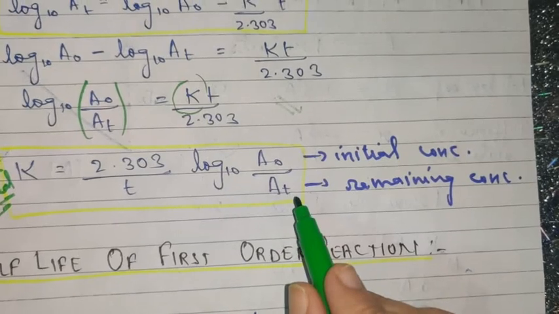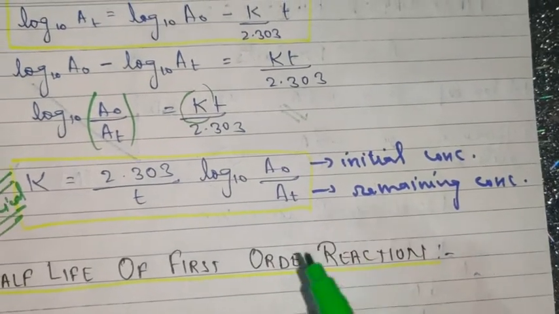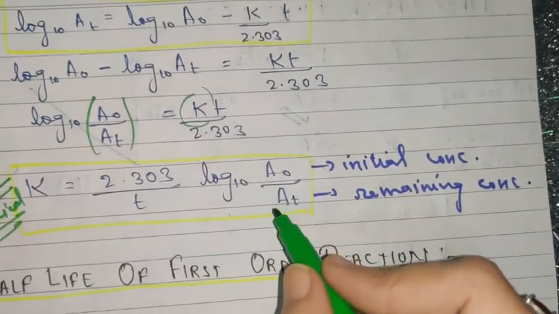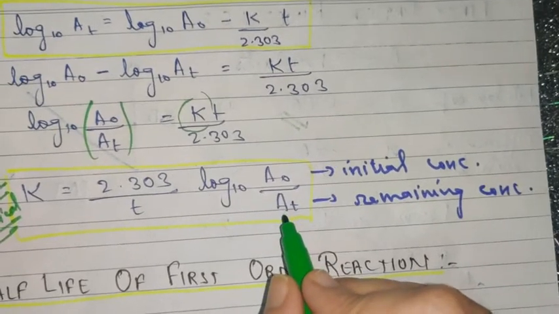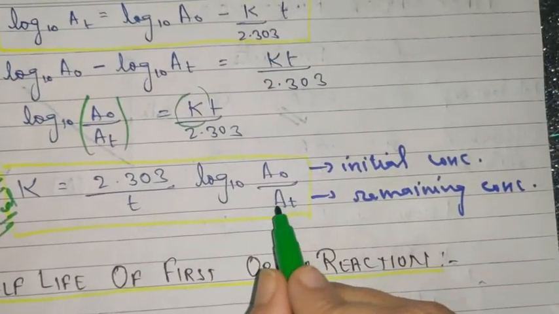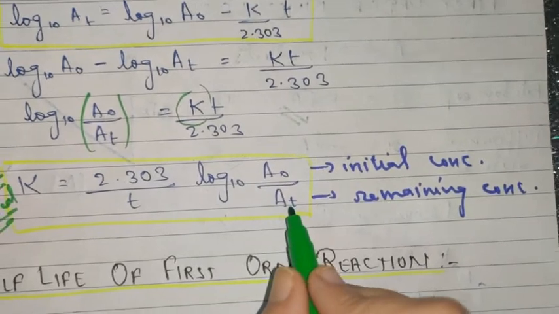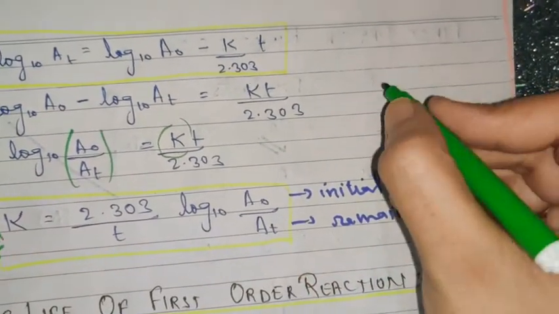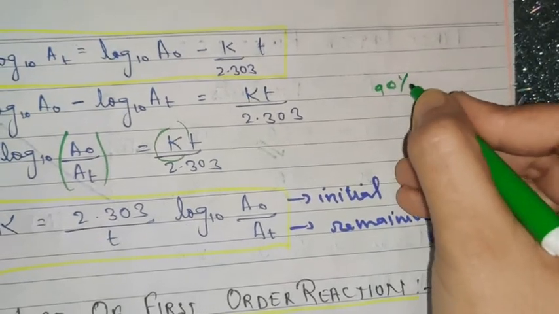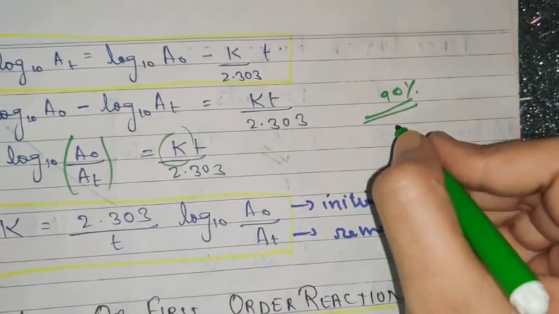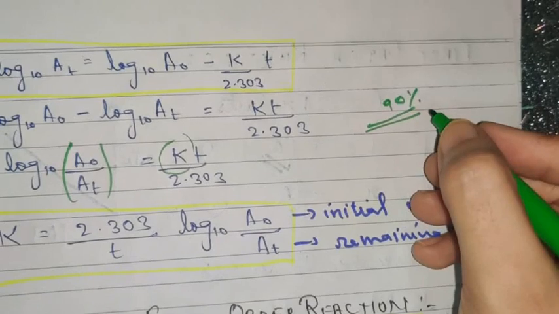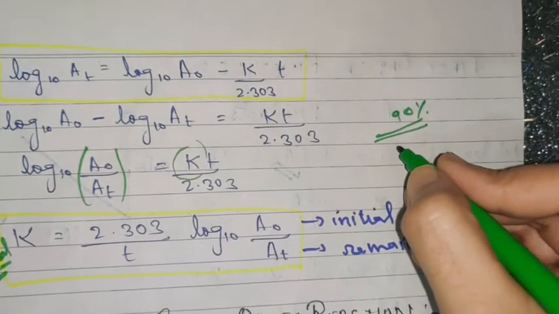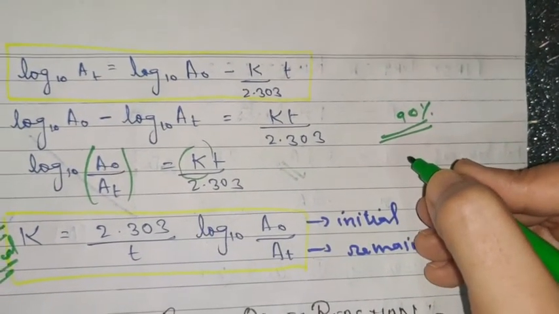Please don't get confused, because sometimes children consider it to be the final concentration. But for this expression, this is not the final, this is the leftover concentration. If I say a reaction is 90% completed, that means the reaction is 90% completed. So what will be the value of A naught?